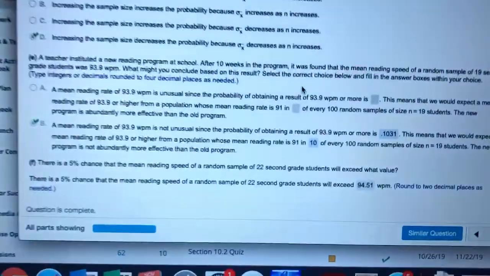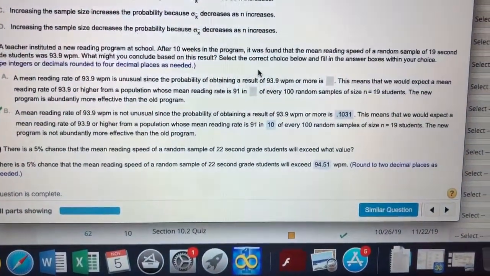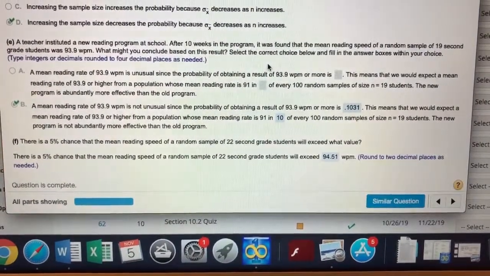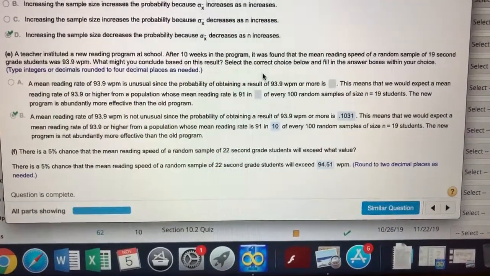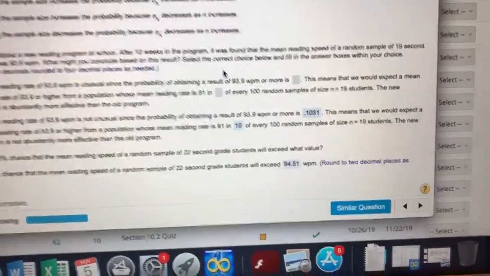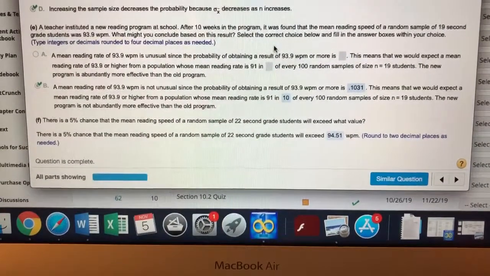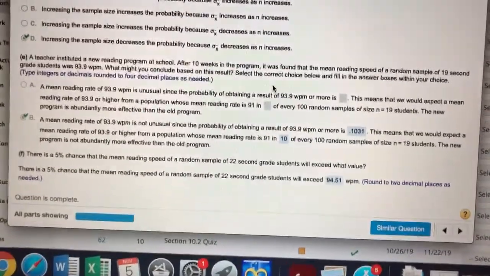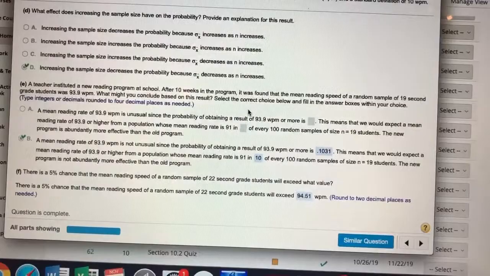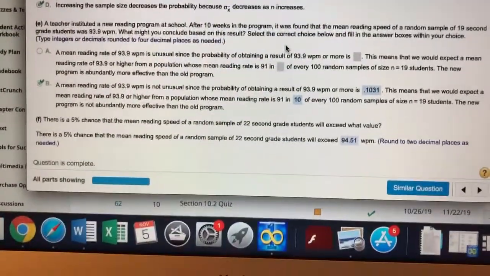So this is not unusual because we would expect a reading rate of 93.9 or higher from a population whose mean reading rate is 91 in 10 of every 100 random samples of size 19 students. So you would choose option B and fill in the information accordingly.